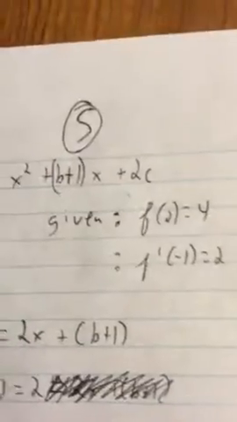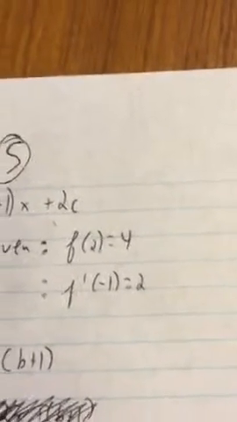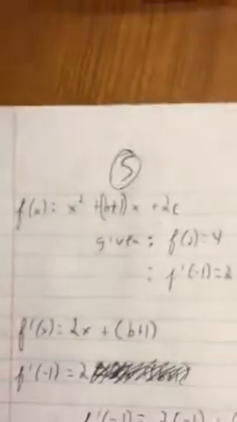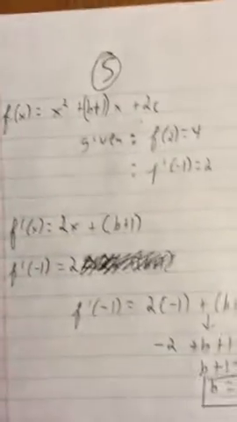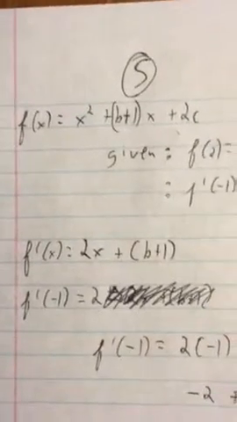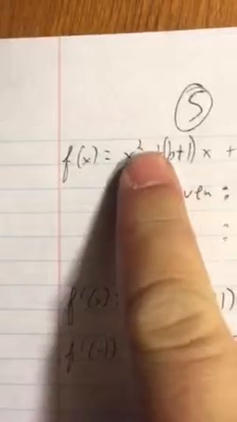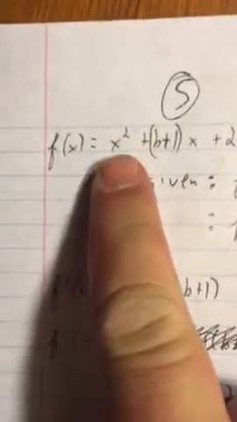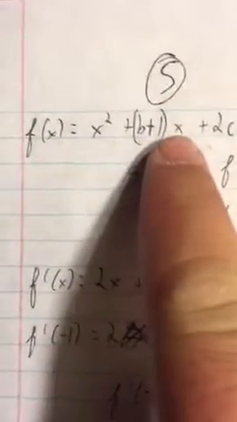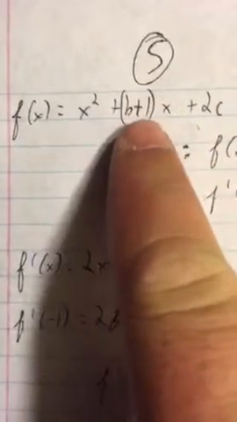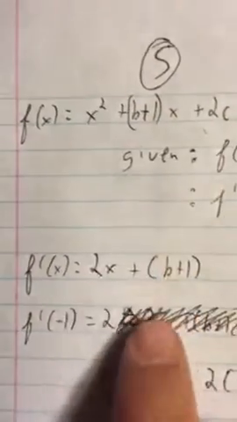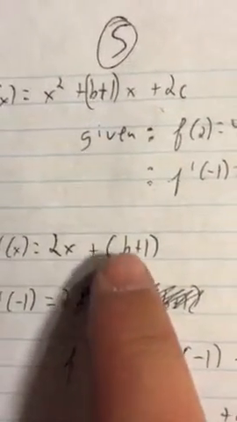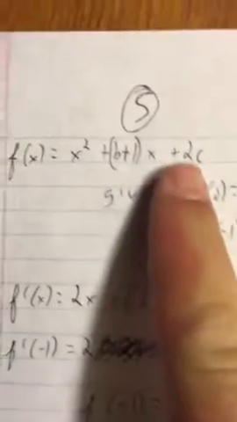Okay? 2c, there are no x's, so that will just disappear. That's actually incredibly important information, because if you take the derivative, x squared becomes 2x. This is to the first power, times that front. X becomes to the 0 power, disappears. So it's just b plus 1 over here, and that disappears.